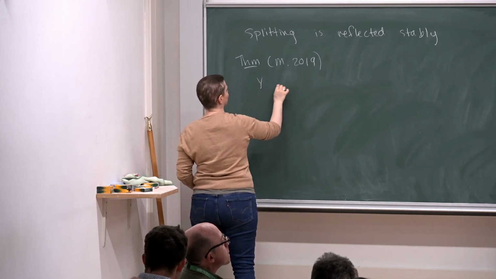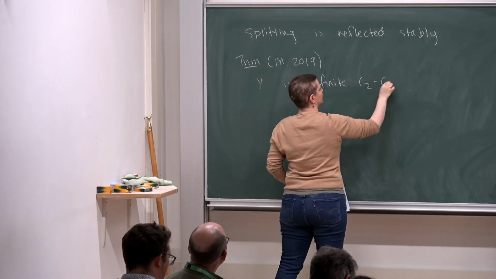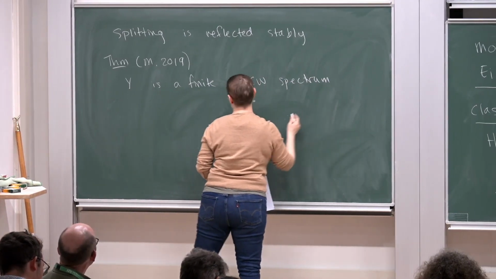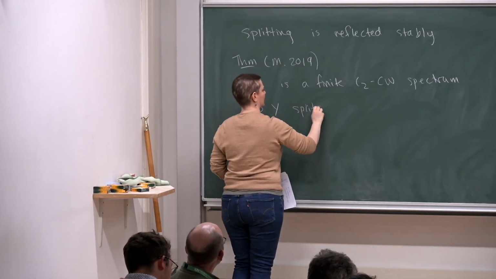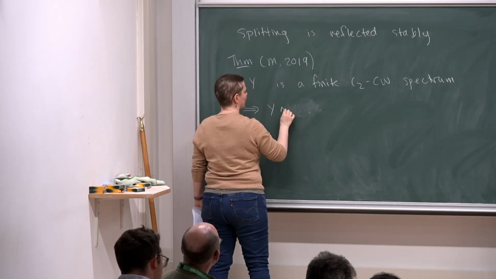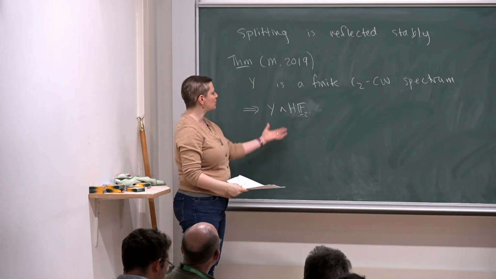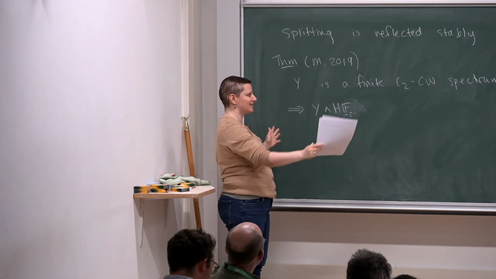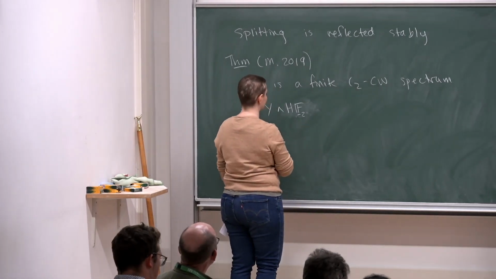And this says that if Y is a finite C2 CW spectrum, then Y splits, nope, getting ahead of myself. Y smashed with the Eilenberg MacLane spectrum, whose homotopy would compute, say, homology of Y, or let's pretend cohomology, because it turns out they'll basically be equivalent here.